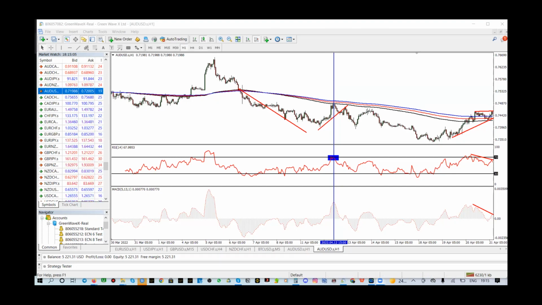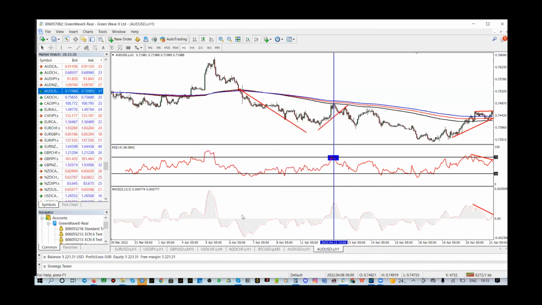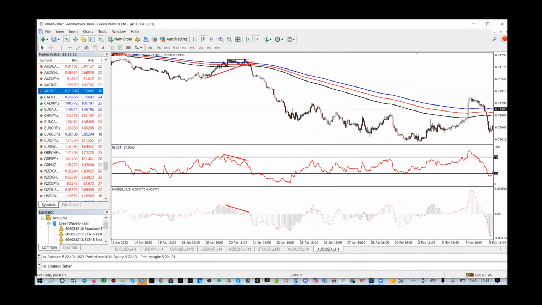And if you want to use the MACD, the settings for that are 5-13-1. I like using 5-13-1. Is it 5-13-1? Okay, 5-13-1 is actually good. So those are the different indicator settings for this.